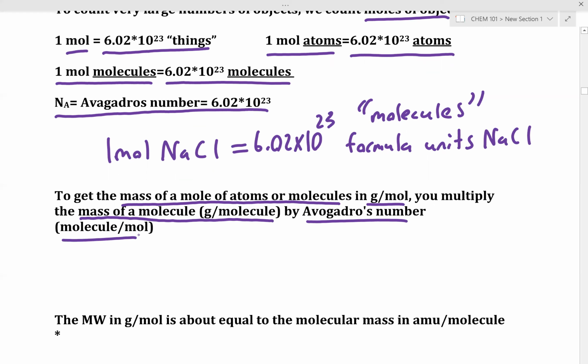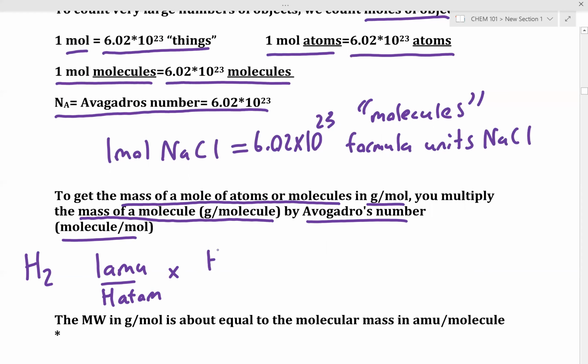So let's do this for a very, very simple molecule, H2. If we break out our periodic table, what is the mass of just a single hydrogen atom in AMU? Yeah, about 1. So we have about 1 AMU per hydrogen atom.